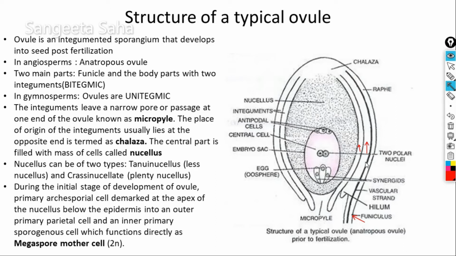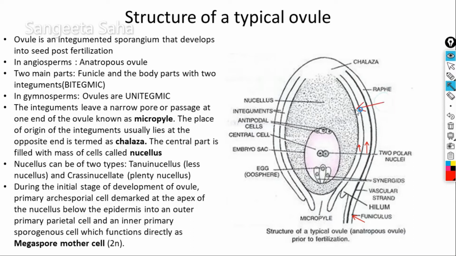Now this integument can be bitegmic or unitegmic. In gymnosperms, it is basically unitegmic, and in angiosperms, it is basically bitegmic. Bitegmic means it has two integuments. However, in gymnosperms, only one integument is present, and that is why it is known as unitegmic.